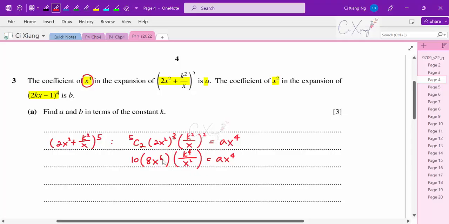Now I try to multiply every term here, every bracket here. Eventually I will get 80 k power 4 x power 4, and it is equal to ax power 4. So by comparing the coefficient for x power 4, you can see that a can be written as 80 k power 4.